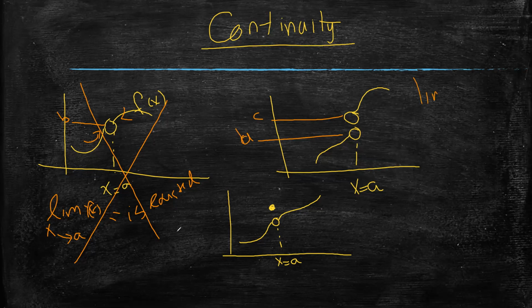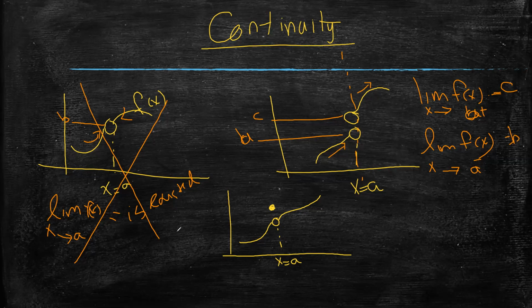Limit f of x when x approaches A from the right, you just draw an asymptote, you look at the right, and you will see it is C. And limit f of x when x approaches A from the left, it is close to B. Now, is C equal to B?